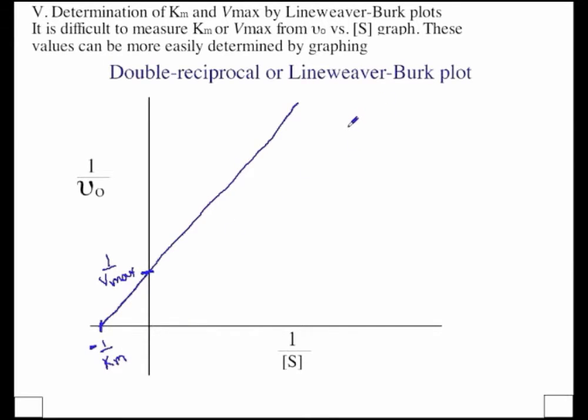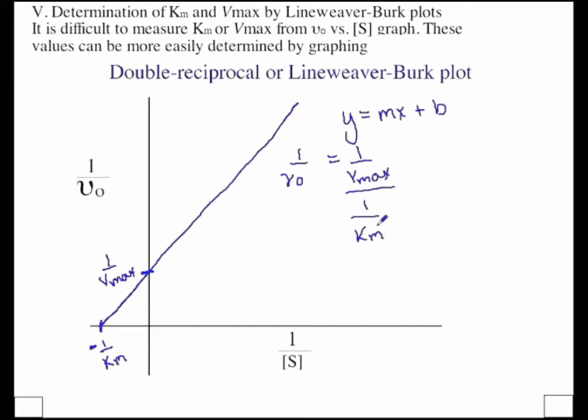Because we know that this line is just simply going to have the standard equation of y equals mx plus b. And we can make that a little more specific for this particular line, right? Because y, we know, is 1 over initial velocity. M, rise over run, right? So 1 over Vmax divided by run, rise is 1 over Vmax, run is 1 over Km.